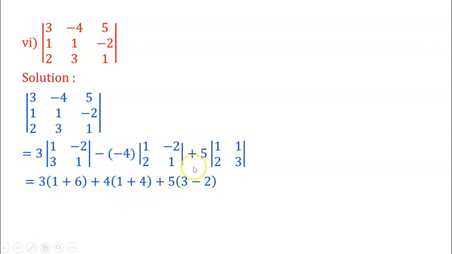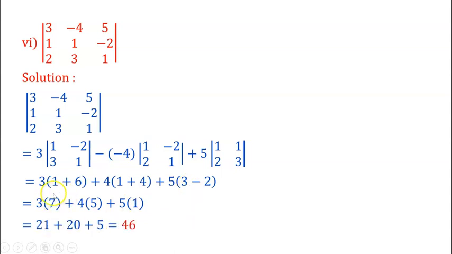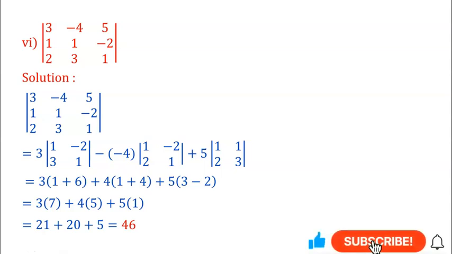And the last 5, 1 into 3 minus 1 into 2. Okay, next is 1 into 6 minus 7 into 3, 4 into 1 plus 4 is 5, plus 5 into 1. Okay, and after simplification 21 plus 20 plus 5, you will get here 46. This is the value of determinant.